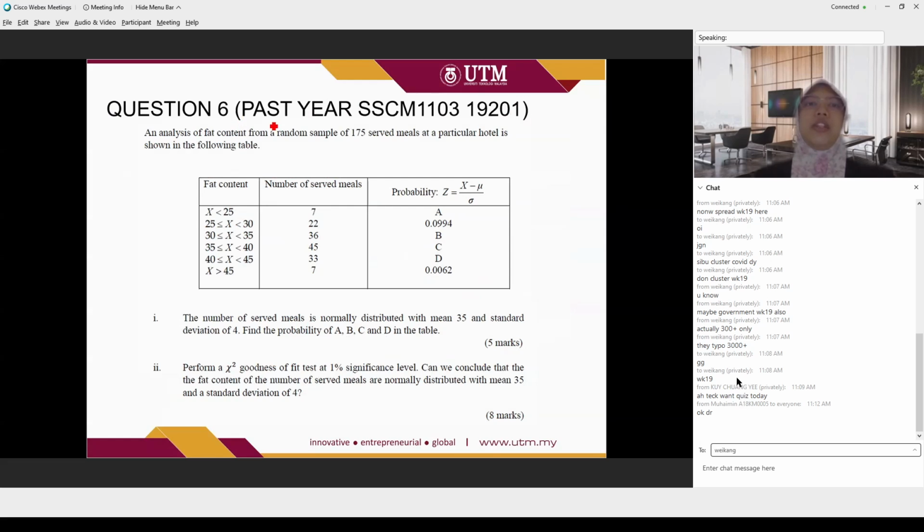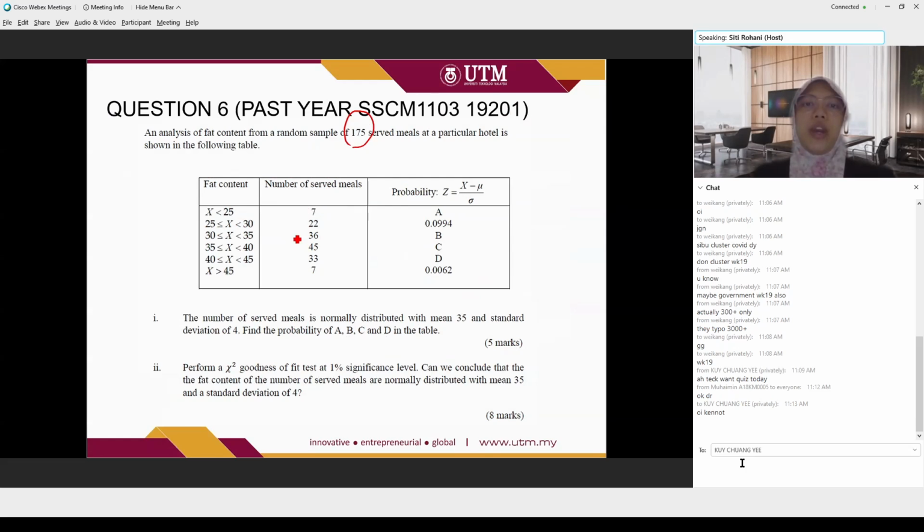And for this question 6, this one is from another subject. Here the random sample given is 175. However, when you make a total for this one you won't get the number of sample equal to 175.